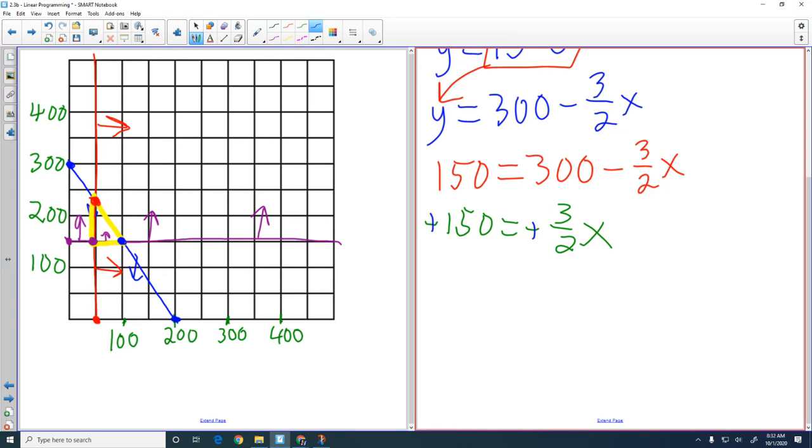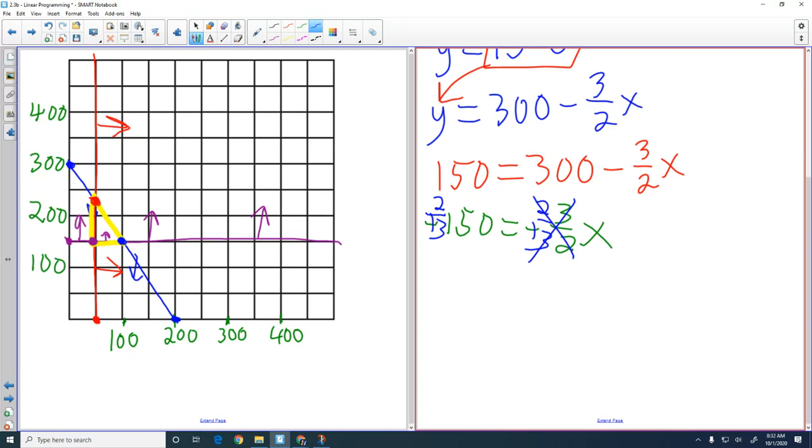And now I've got to cancel out a fraction in front of a variable. And again, we're going to see this throughout the year. We had this in an earlier unit. But to cancel out a fraction, you just multiply by its reciprocal. So that fraction is 3 over 2. Its reciprocal is 2 over 3. So we multiply by 2 over 3 on both sides. 2's cancel, 3's cancel.